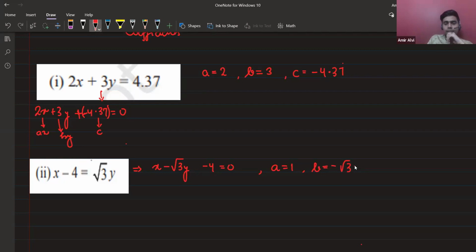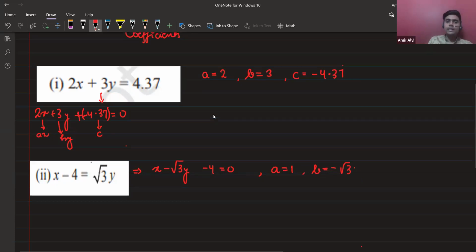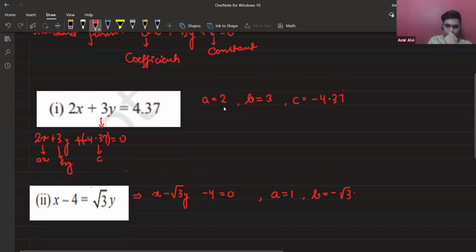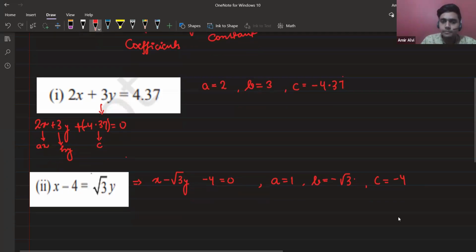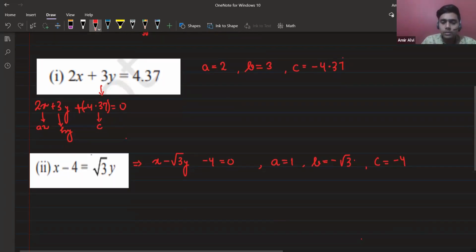Because if we take the minus sign in the bracket, there would be a plus sign outside, which represents the standard form if we compare. Clear? Yes. What will be the value of c? -4. Have we got how to find the ratios of the terms? Any doubt, Simrat? No.